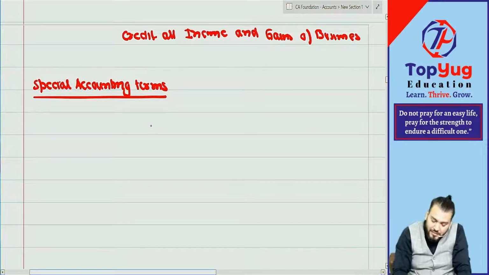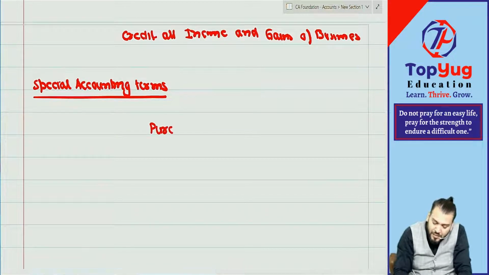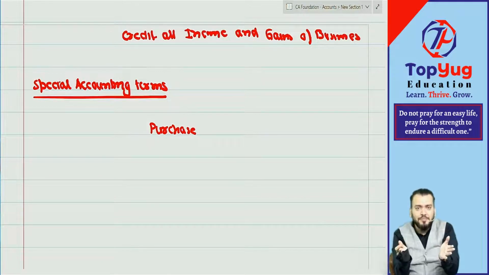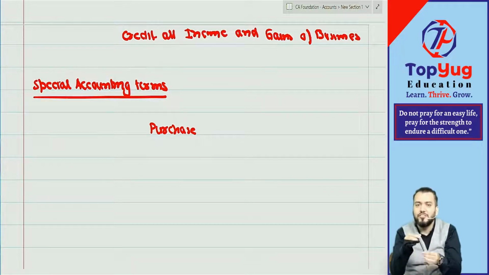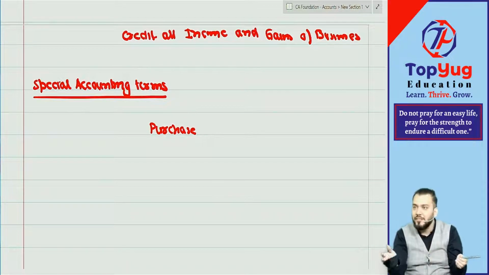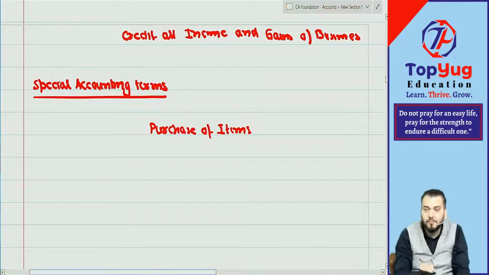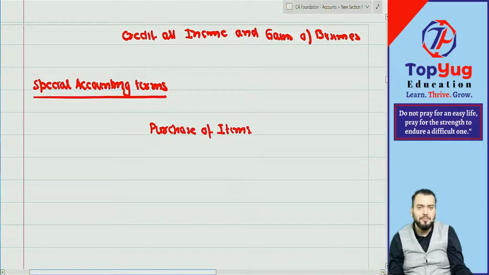Now, try to understand. When we say purchase, we purchase any item. It can be pen, pencil, camera, projector, furniture, fixture, whatever. So purchase of item. It can be any item.